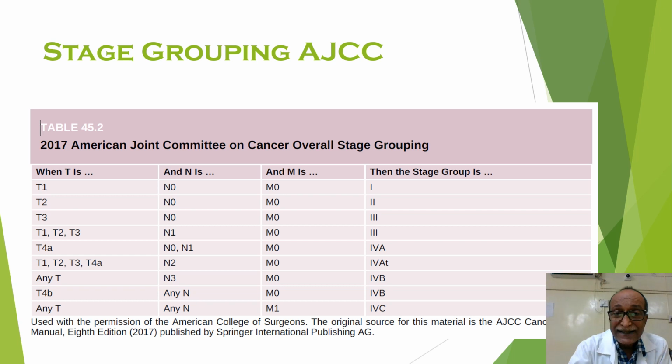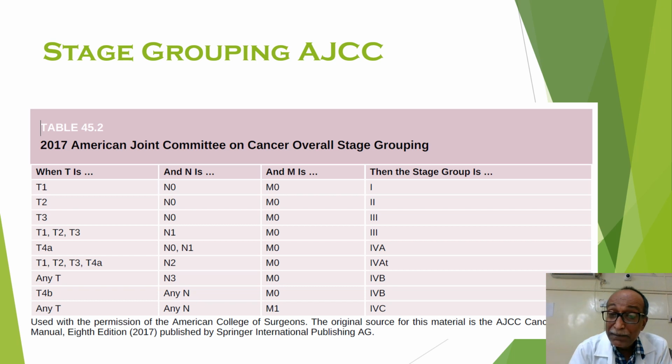Let's see what a stage 3 is. Any T1, 2, 3 with a single node less than 3 centimeters, N1, is stage 3. Anything more than that becomes stage 4.